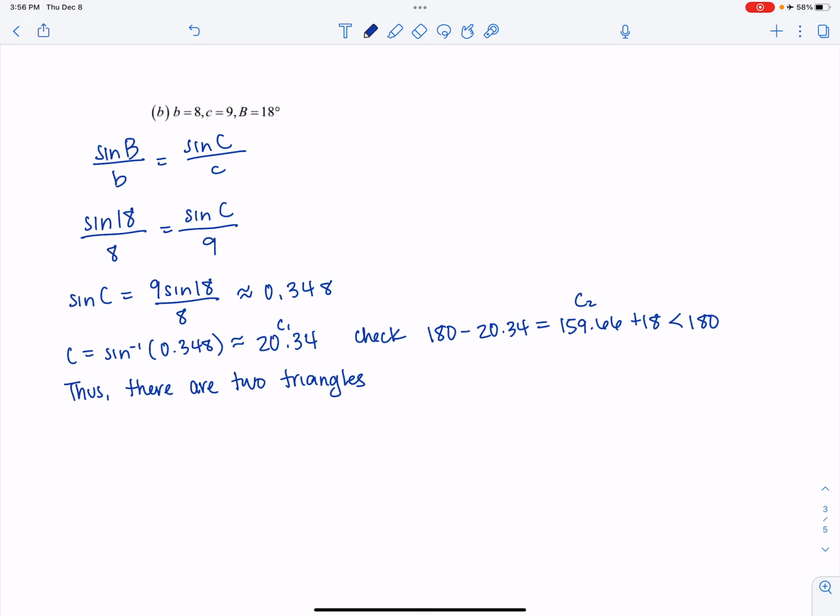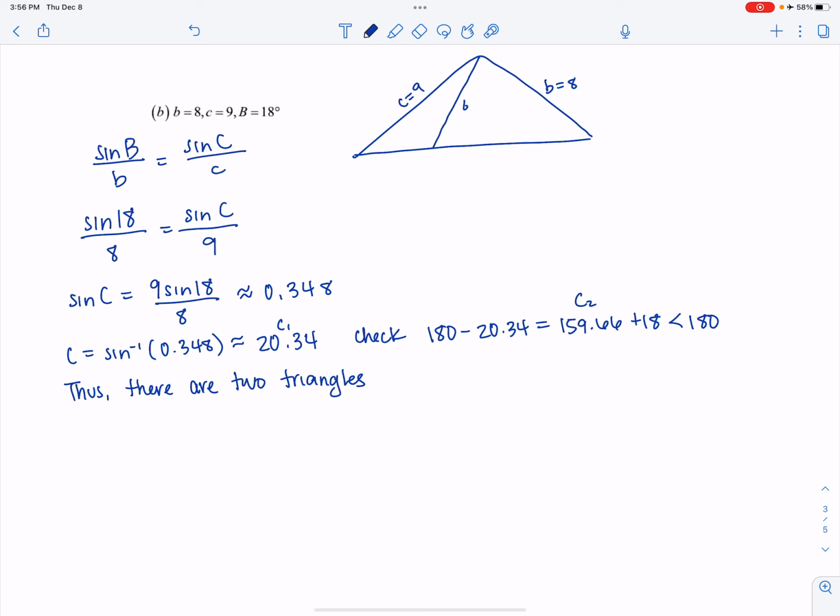So what are we even looking at here? Let's get a visual. What's happening is we were given that C is 9. We were given that B is 8. And then we found out that there are two triangles.